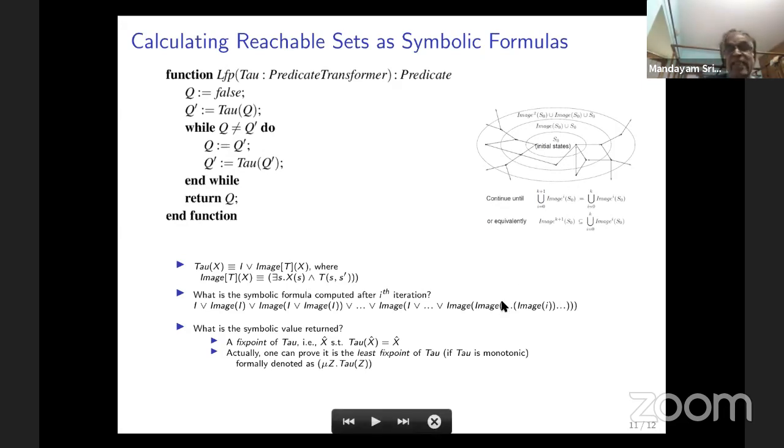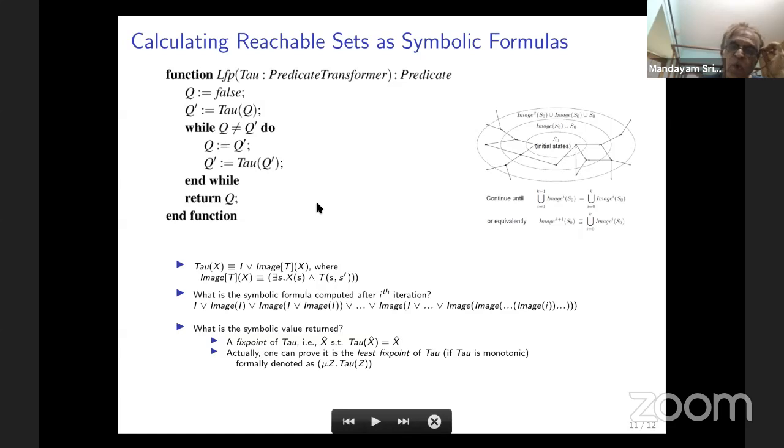And then you can do the intersection with the bad states, assuming you have a definition of what a bad state is in terms of a formula. Doing the intersection is checking if a conjunction is satisfiable. If the conjunction is satisfiable, then there is an error.